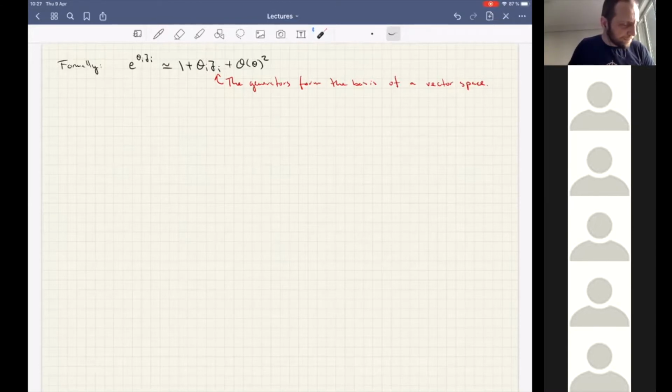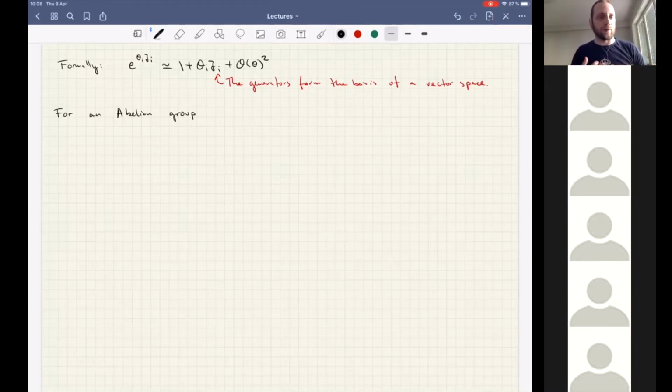Now, for an abelian group, by definition all the group elements commute with each other.